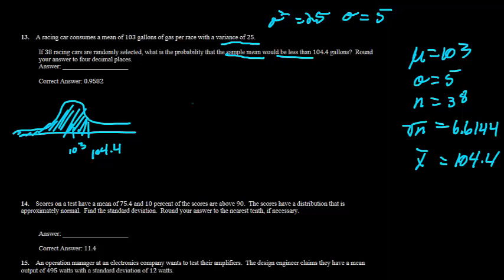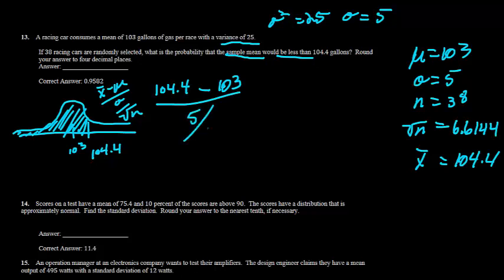Let's do our z transformation. 104.4, or x bar, minus mu, over sigma divided by the square root of n. Make sure we do that right. Minus 103, over sigma, which is 5, divided by the square root of n, which we've already calculated, 6.6144. Excellent.